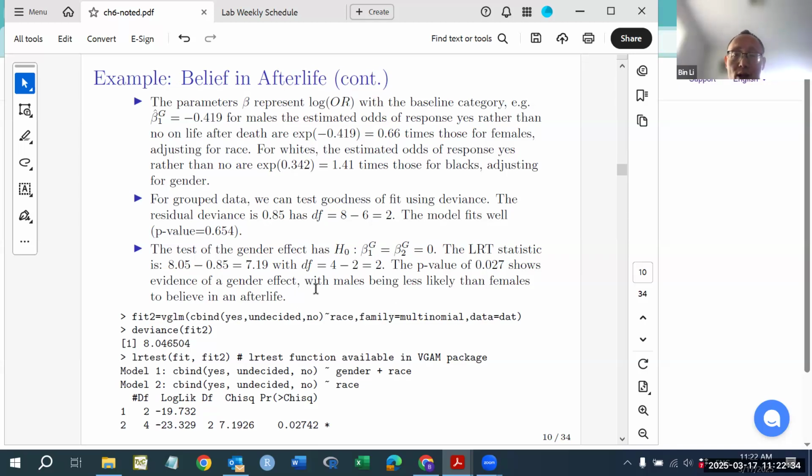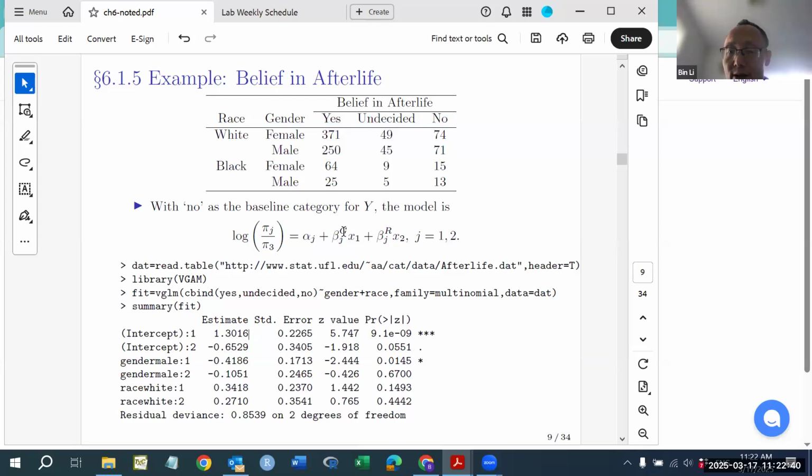Okay, so that's for this model, and also we can test. Like here we have the gender and race, right? We want to see, let's say, if the gender is significant or not, right? Because here you can see for the Wald test p-value for the gender, one of them is significant, but the other one is not. What does that mean?